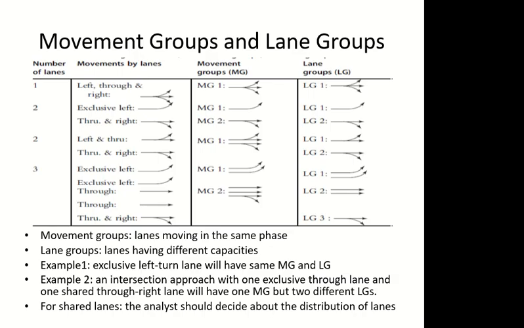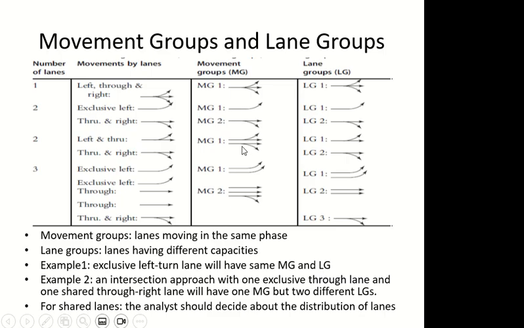Lanes which have a common movement will be put in one movement group. First example, no problem, only one lane. Next example, I have two lanes. Do they have any common movement? The answer is no. So they are in separate movement groups.